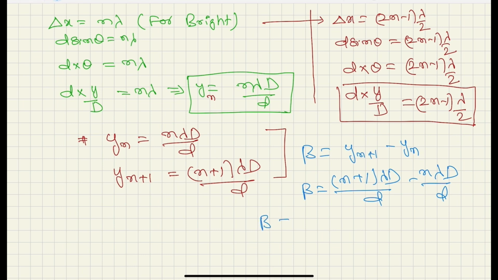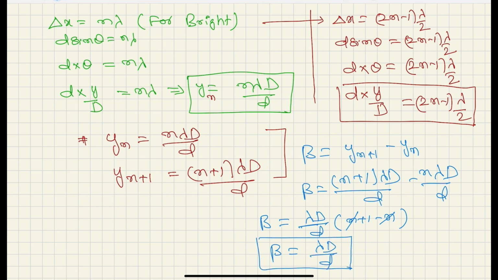Now beta is equal to, lambda D by d is common, so n plus 1 minus n, this cancels. Beta is equal to lambda D by d is the relation.